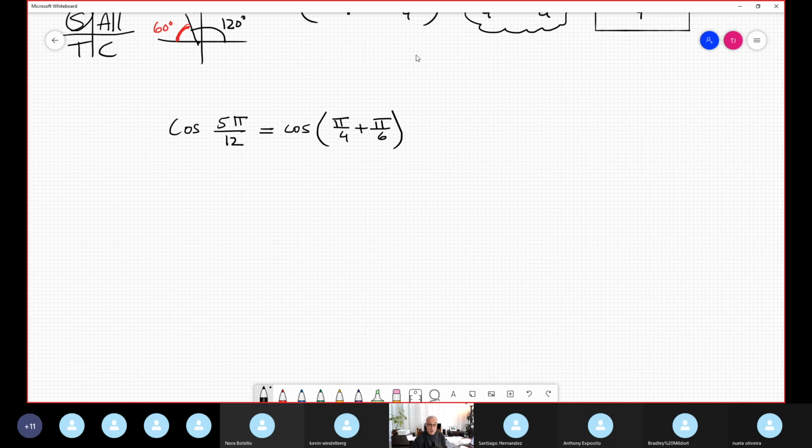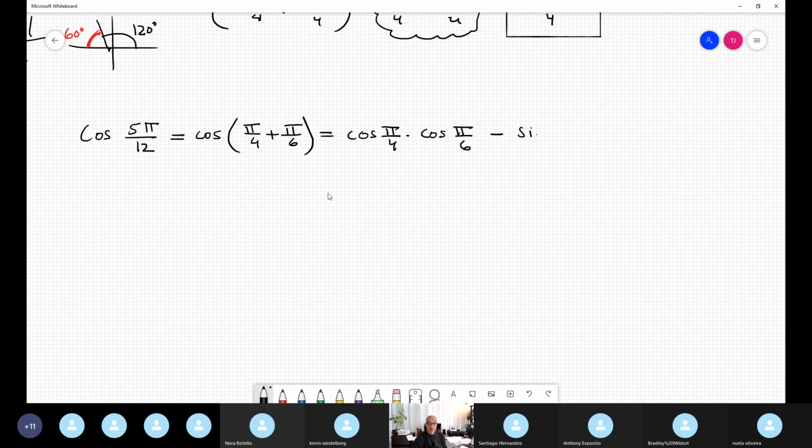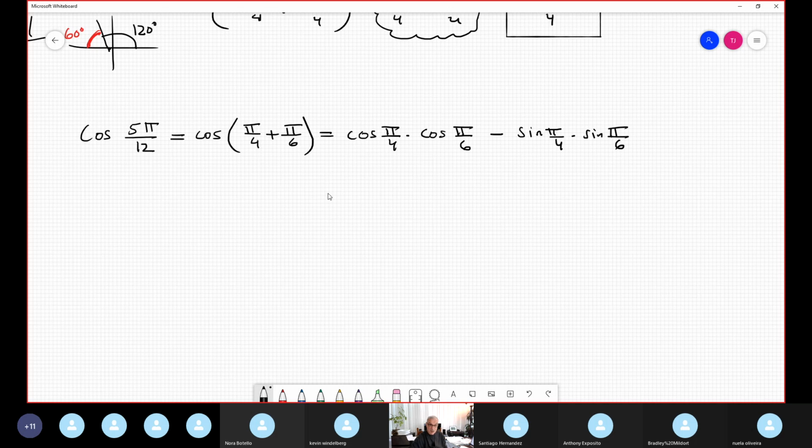So we're using the famous identity: cosine, cosine, sine, sine, but it's minus, because it's plus. So cosine of pi over 4 times cosine of pi over 6, minus sine of pi over 4 times sine of pi over 6. This is radical 2 over 2, times radical 3 over 2.